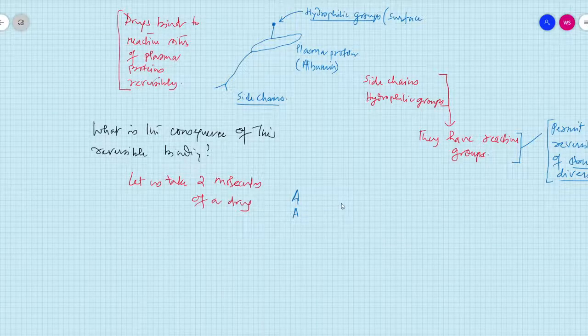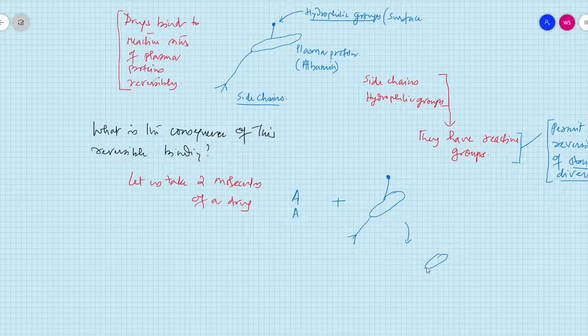And let's say there is a plasma protein. Let's depict a plasma protein as before, and let's say there is a hydrophilic reactive group out there. We said that the drug binds reversibly. So this drug encounters this plasma protein, and this is what happens.